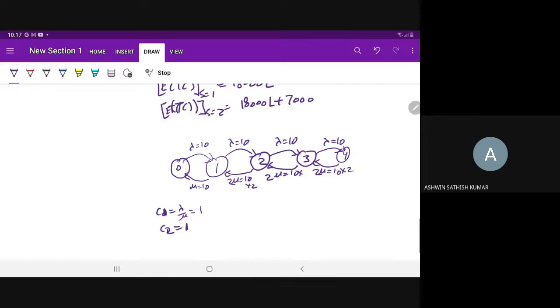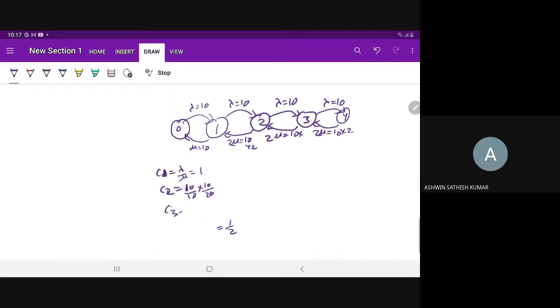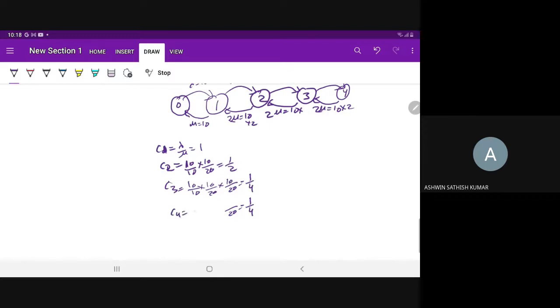So C2 is equal to 10 upon 10 into 10 upon 20, that is 1 by 2, and C3 is equal to 10 upon 10 into 10 upon 20 into 10 upon 20, that is 1 by 4, and C4 is equal to 10 upon 10 into 10 upon 20 into 10 upon 20 into 10 upon 20, that is 1 by 8.